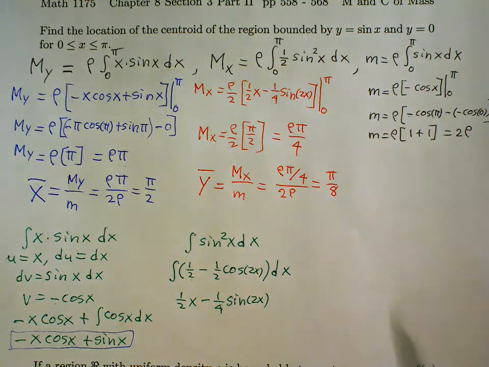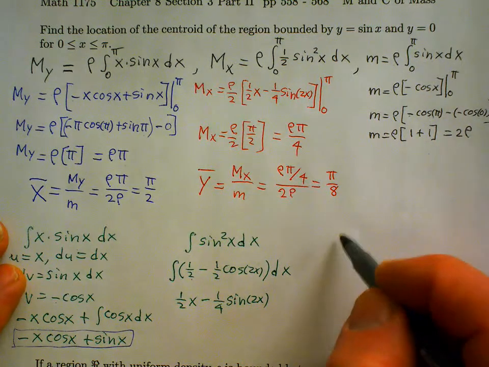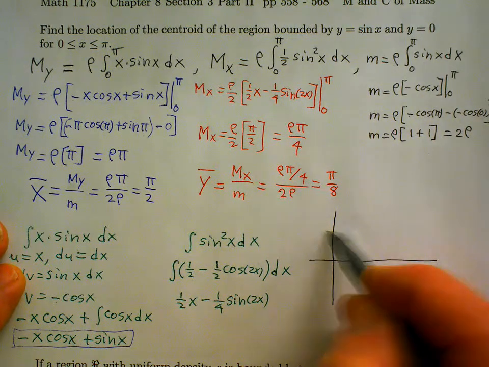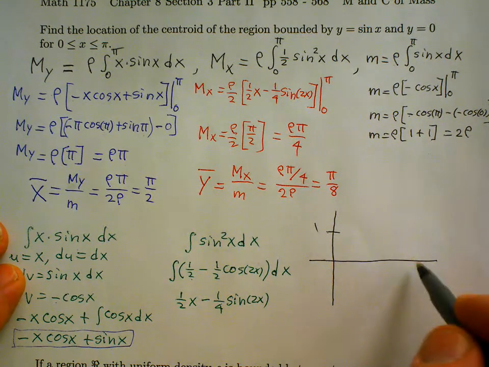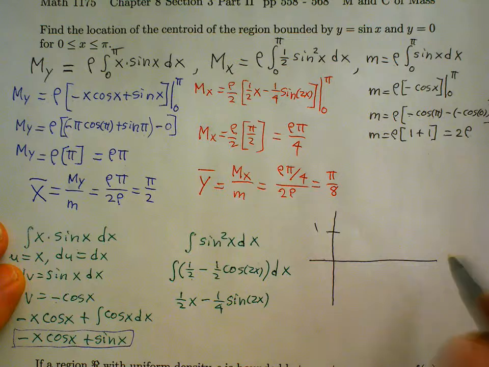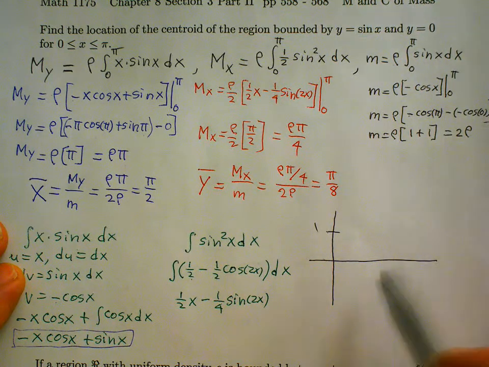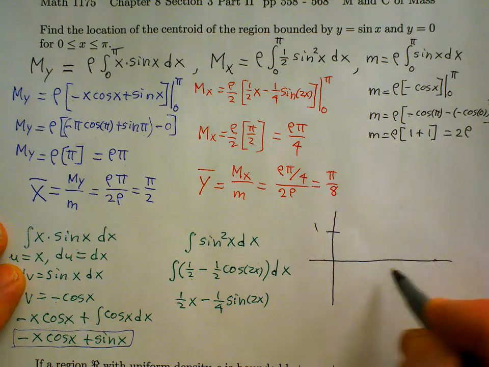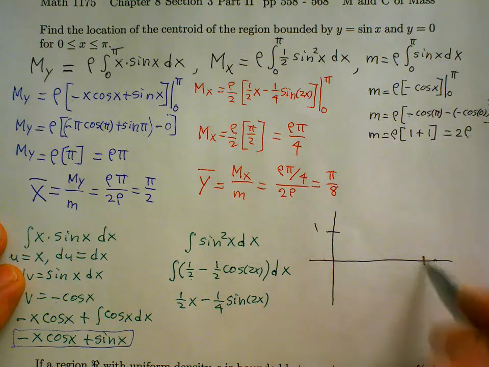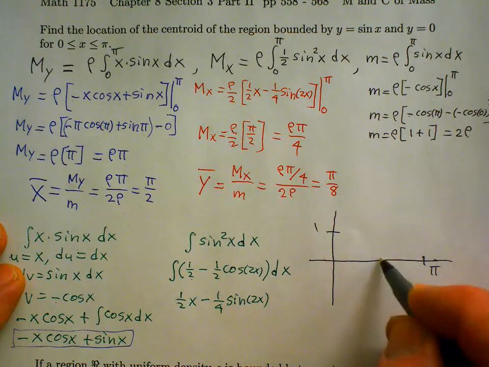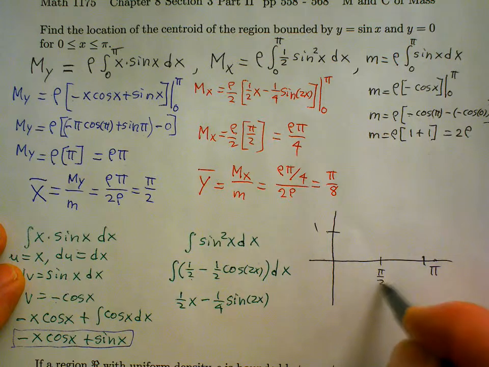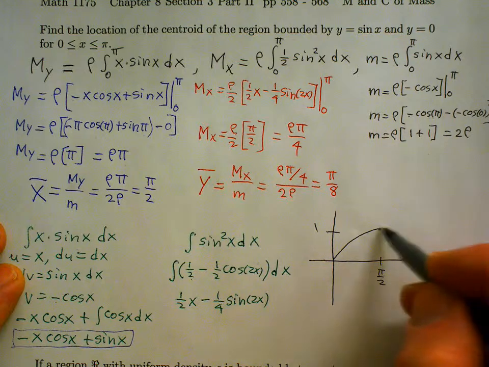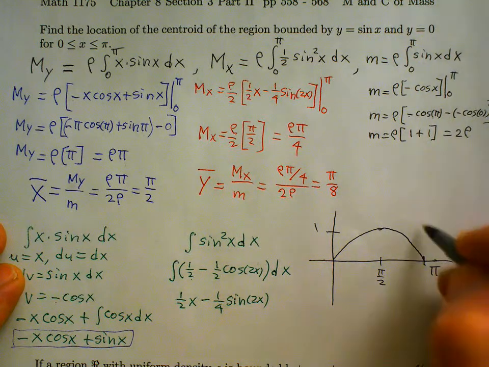Okay, the last thing we'll do on this example is sketch the region of y equals sine of x between 0 and pi. Okay, so that's supposed to be y equals sine of x.